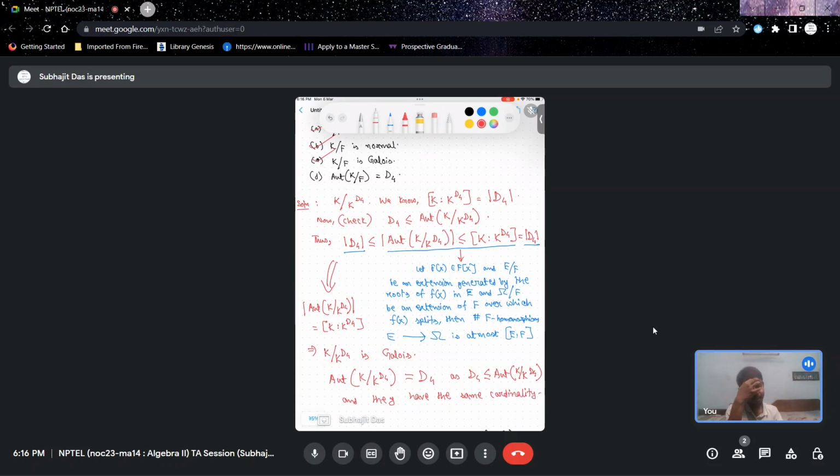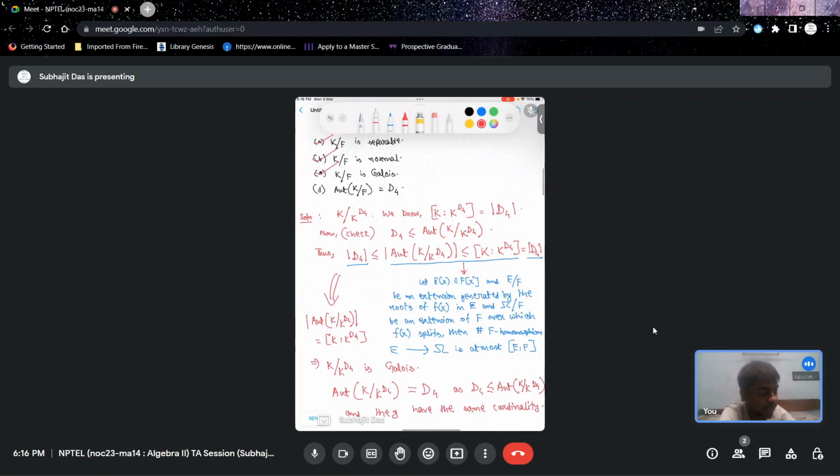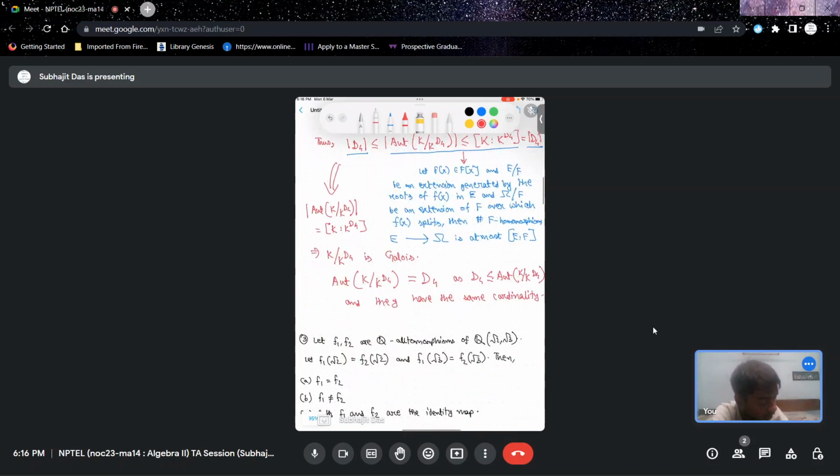Since these two are finite and have the same cardinality, and one is contained in the other, they have to be equal. So option D is also correct. So all options are correct.